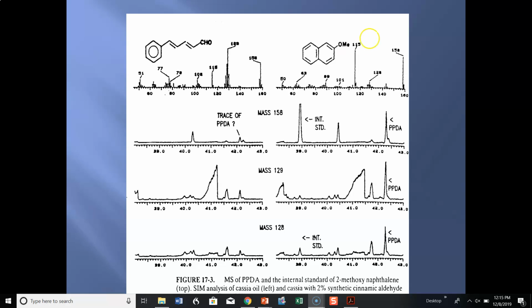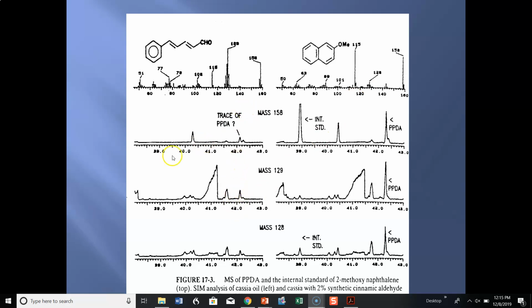And so what you do is you set the mass spectrometer up to look for key ions that are characteristic of this byproduct or contaminant. And you'll notice that the masses of 158, 129, and 128 are fairly unique ions, and they are indicative of, like I say, this contaminant.